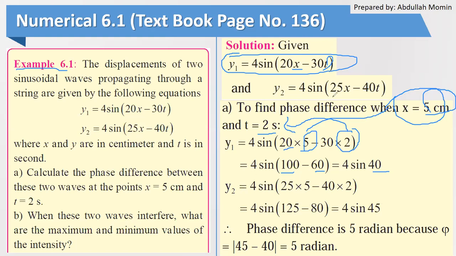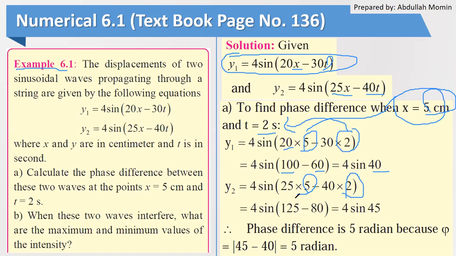Now y2 is given as 25x minus 40t. So instead of x we are going to put 5, and instead of t we are going to put 2. So now our equation of y2 is equal to 4 sine (25 into 5 minus 40 into 2).